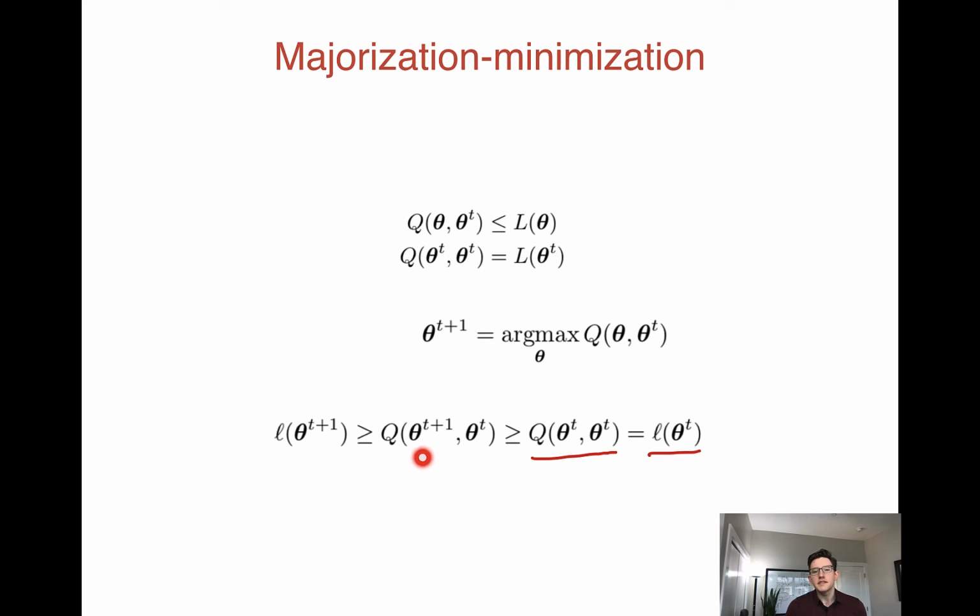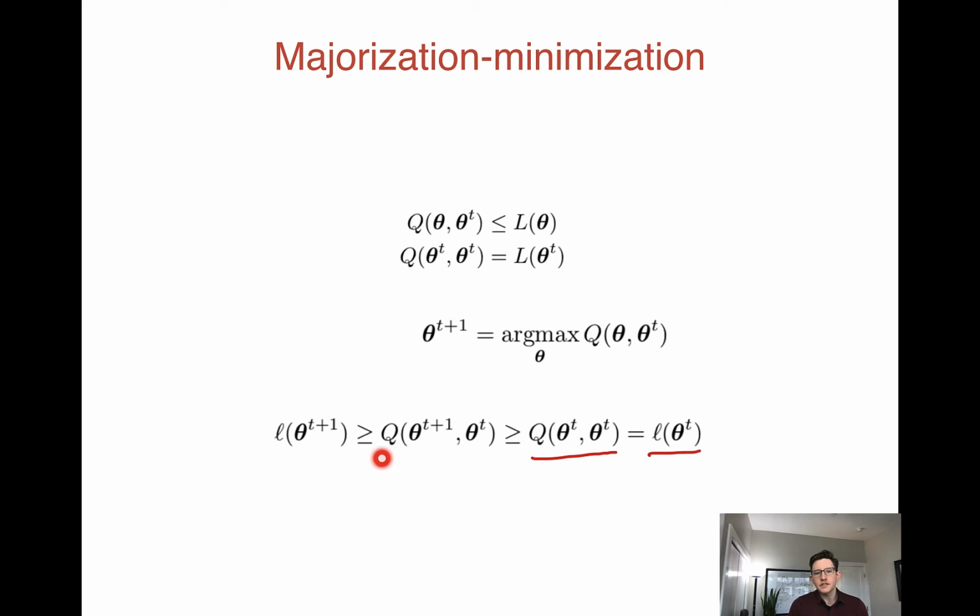Now notice that this is a lower bound on our likelihood function. So if we look up here, this thing always has to be less than or equal to L of the first argument.